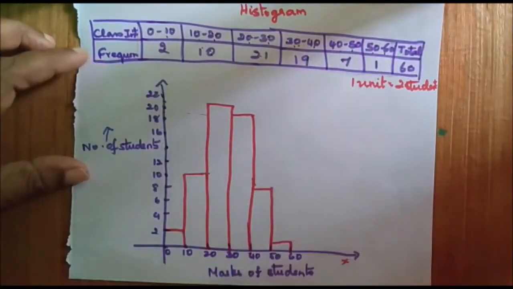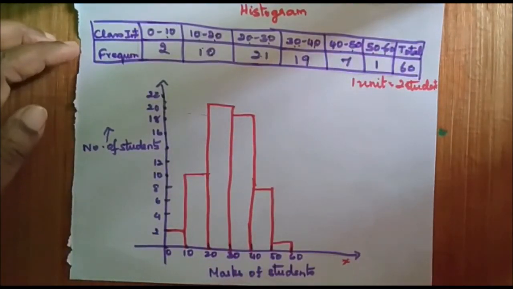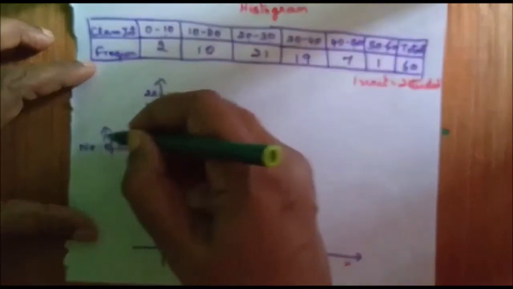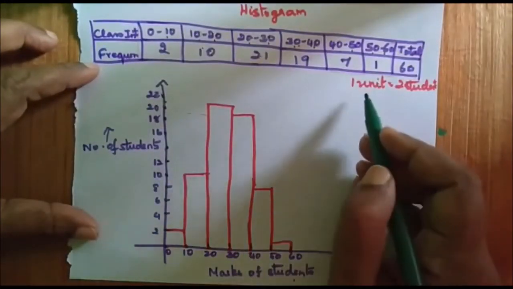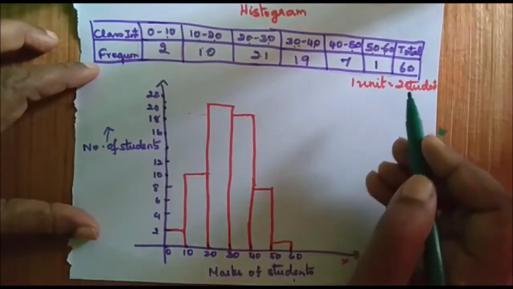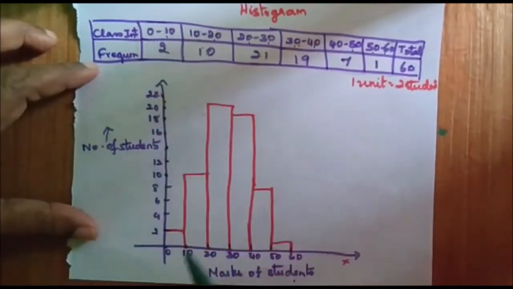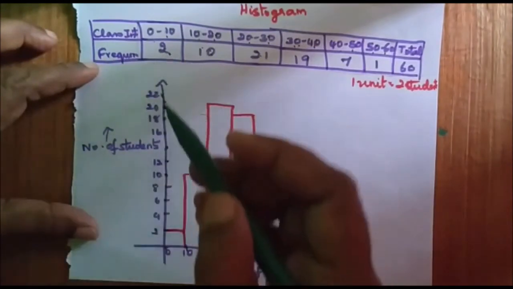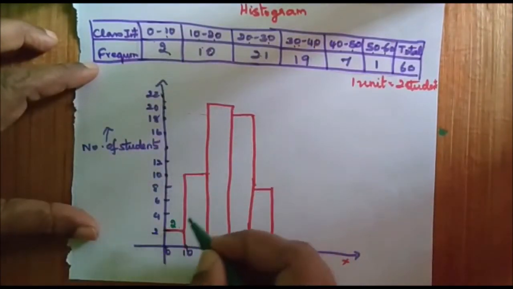So we have plotted the values on the graph. On my x-axis are the marks of the students, and on my y-axis are the number of students. Here 1 unit is equal to 2 students. For the class interval 0 to 10, the frequency is 2, so I can write here 2.